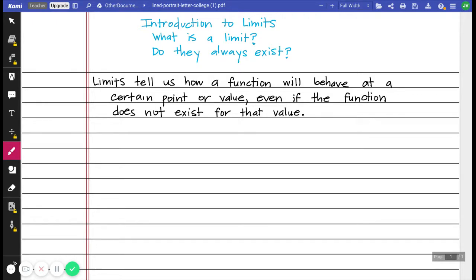In other words, we can start to talk about parts of functions that maybe don't totally exist, but we can talk about the pattern or their behavior.